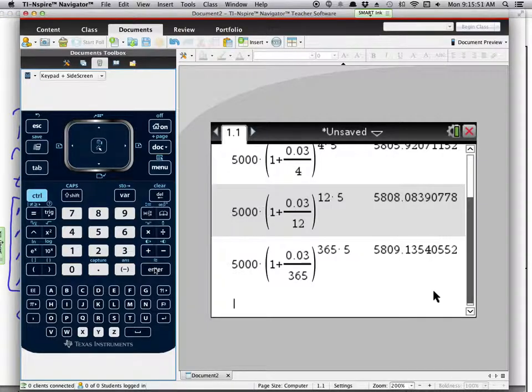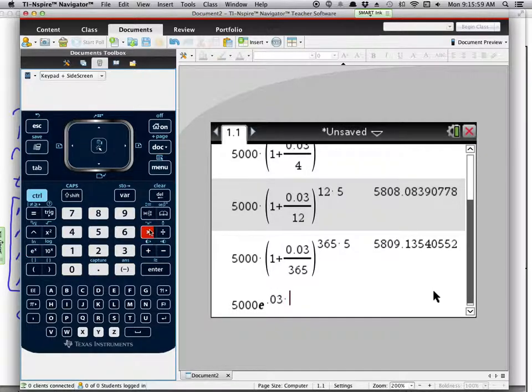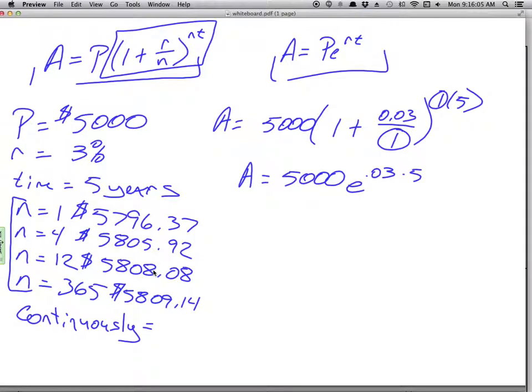So I need 5,000, I need E, and I want 0.03 times 5. That gives me 5809.17. So notice I make the maximum amount of money possible when I compound continuously.